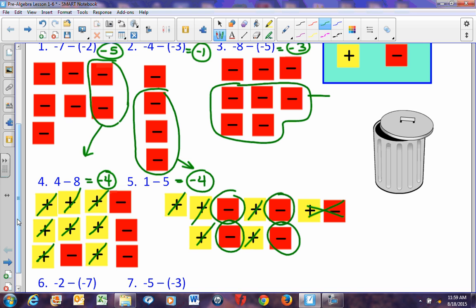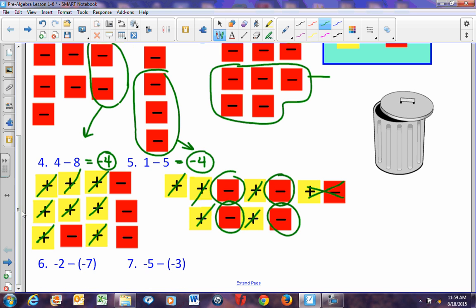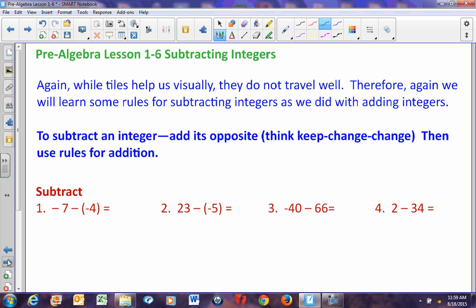So essentially what we can get to here is the rule for subtraction, which says to subtract an integer, add its opposite. Think: keep, change, change. Keep the first number and its sign, change the subtraction sign to an addition sign, and change the sign of the next number.